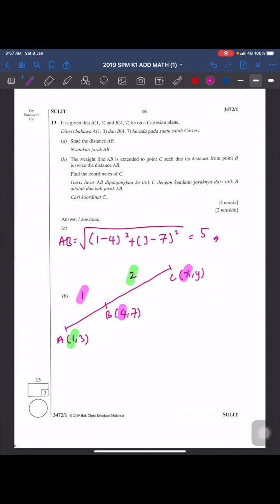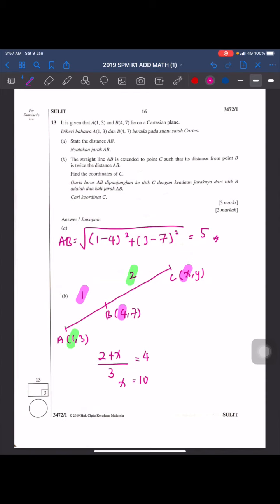So 1 darab 2, 2, X darab 1, X per 1 tambah 2, 3 sama dengan X kita, 4. So kira kita akan dapat X, 3 darab 4, 12 tolak 2, 10.